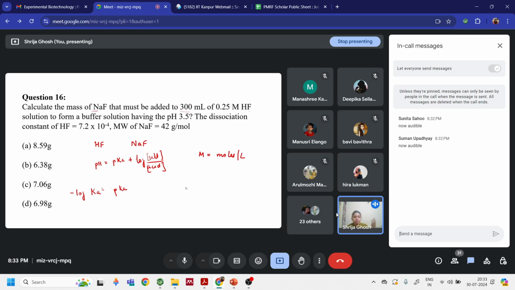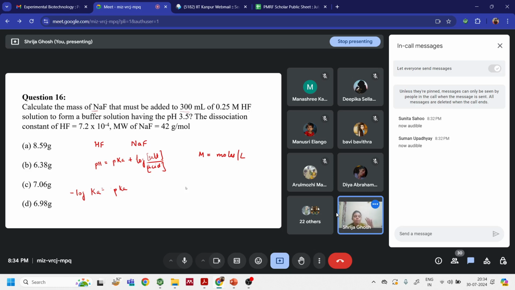Okay. So every time if you have a molarity, just think that molarity is moles per liter. So whatever the volume is given, you have to multiply with the volume to get the number of moles in that particular volume. Then from number of moles, if you want to get the value in grams, just multiply it with the molecular weight, because molecular weight is grams per mole.